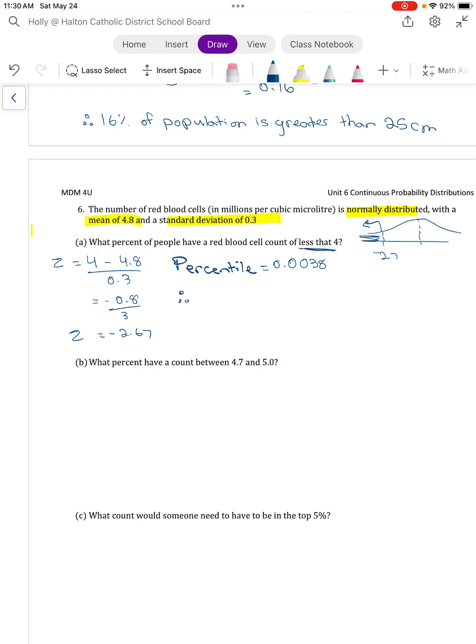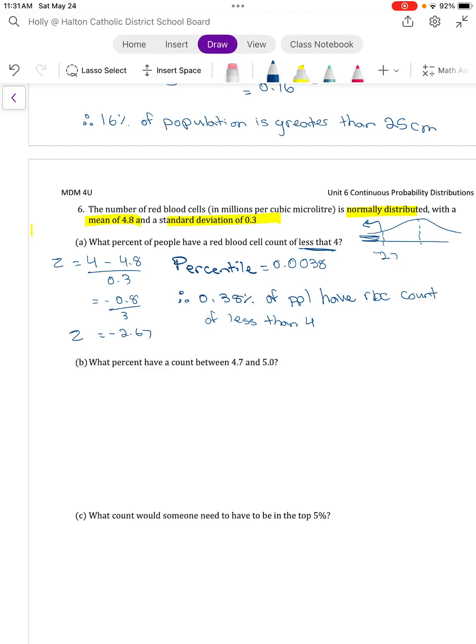So therefore, we can multiply this by 100 and get a percent of 0.38% of people have a red blood cell count of less than 4.